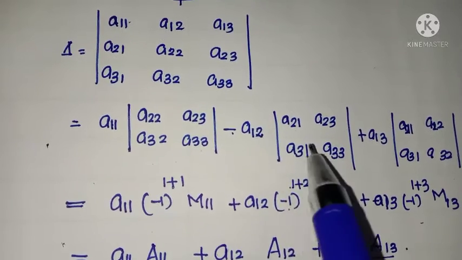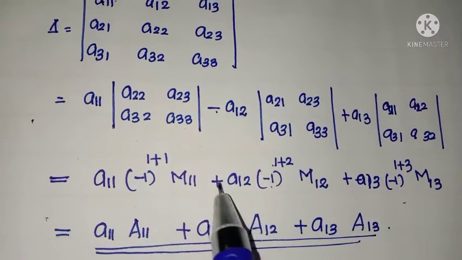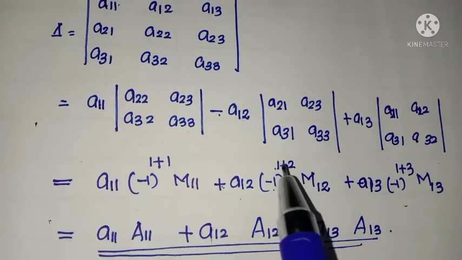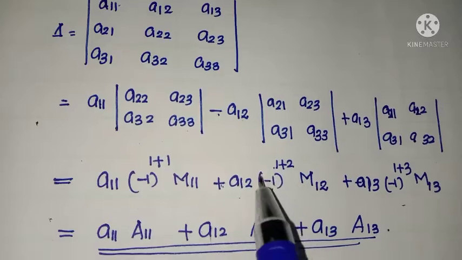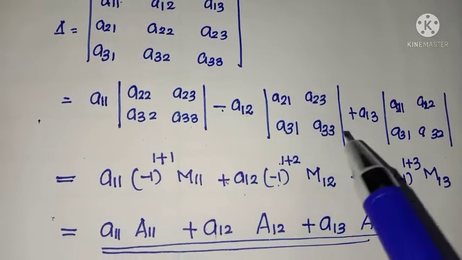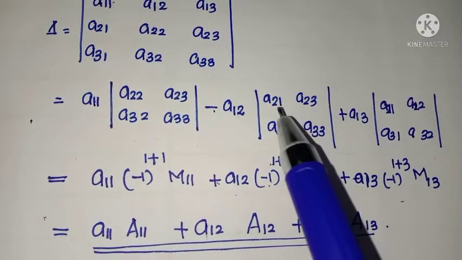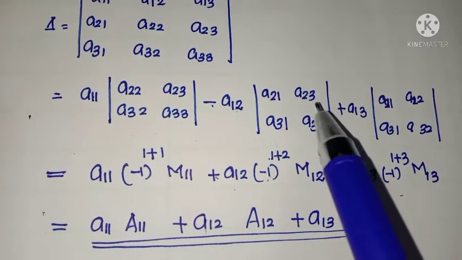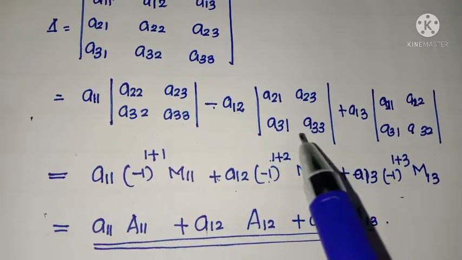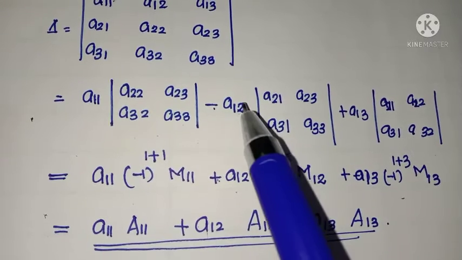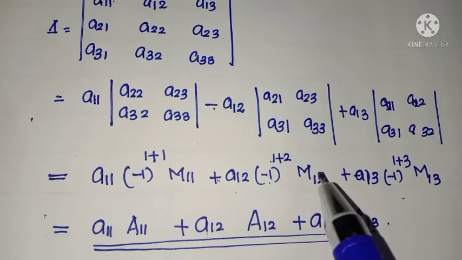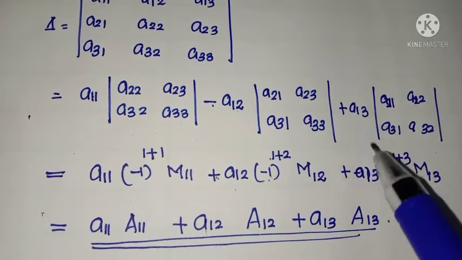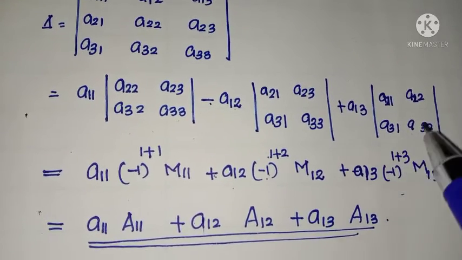So the second term can be written as plus A12 into negative 1 raised to 1 plus 2. Listen, this stands for our negative sign, and see the determinant A21, A23, A31, A33. Actually, this determinant is the minor of the element A12, so M12. Plus A13 into, this is a positive term.